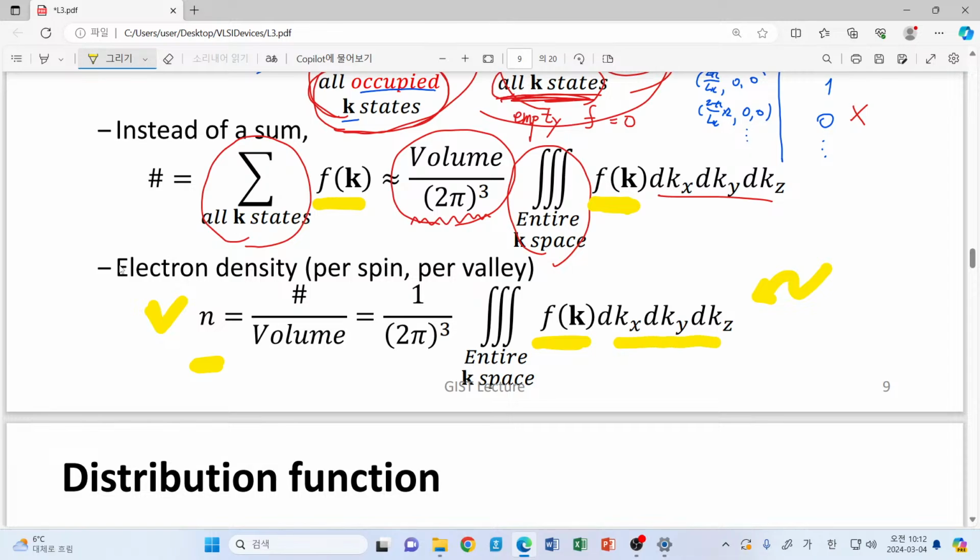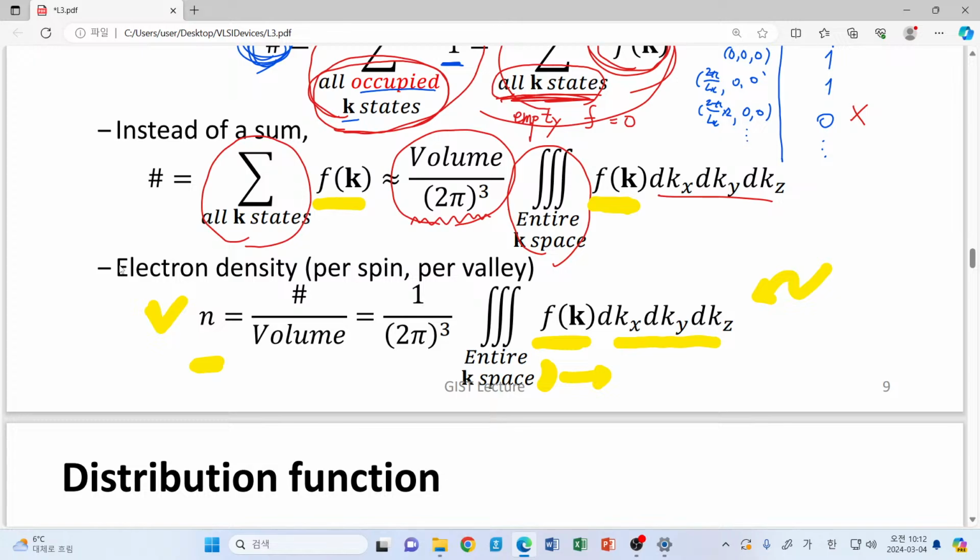Of course, here the entire K space means the K space of our silicon conduction band, not the valence band. If we perform this integration over K space for the valence band, that will give us the quantity related to the hole density. But right now we are doing the integration only in the conduction band. This is the general form we have to consider.